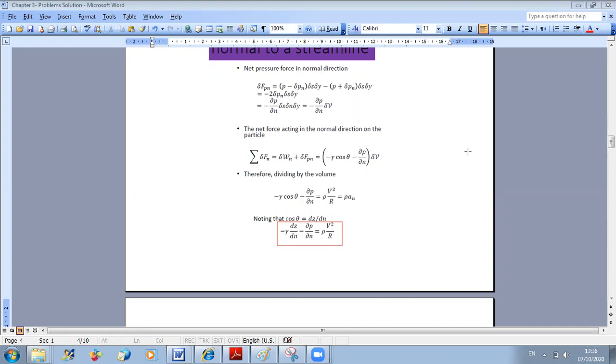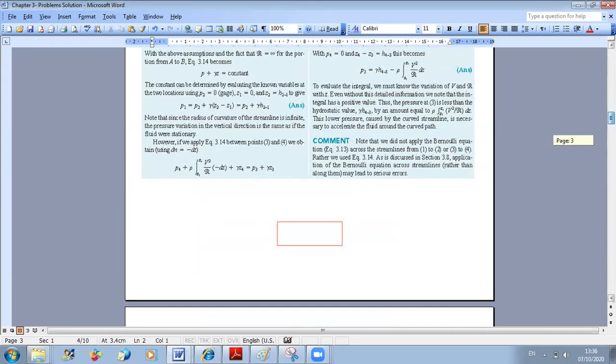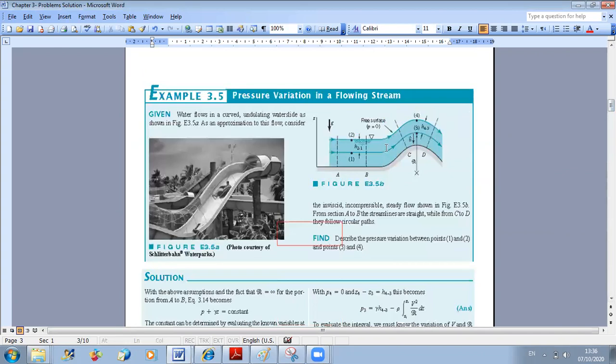Now going back to our case, this is my figure. The Z-axis is upward, while n is downward. So what will be dz by dn?